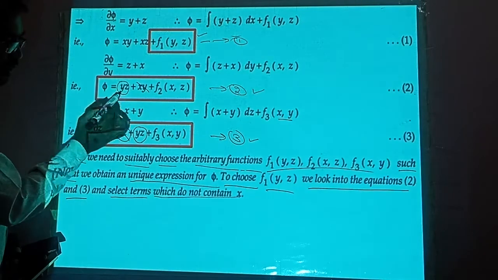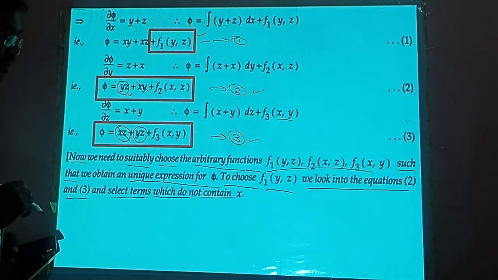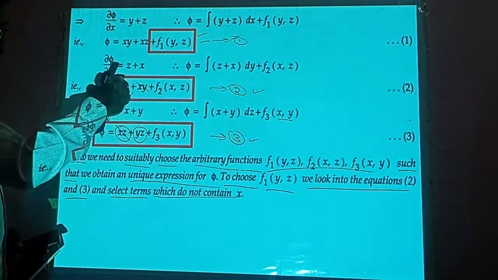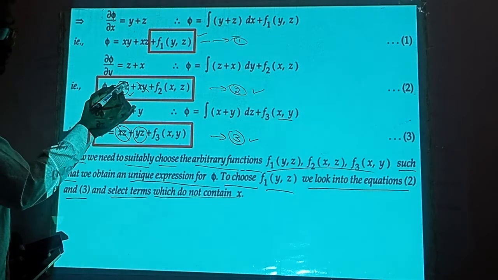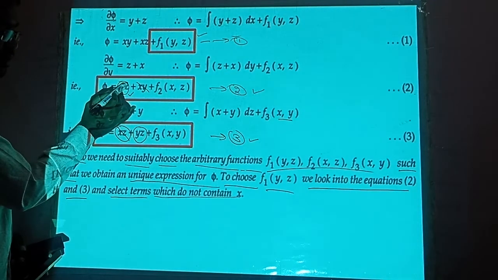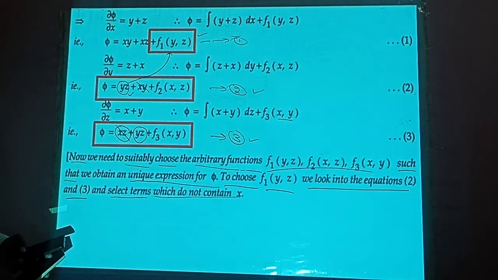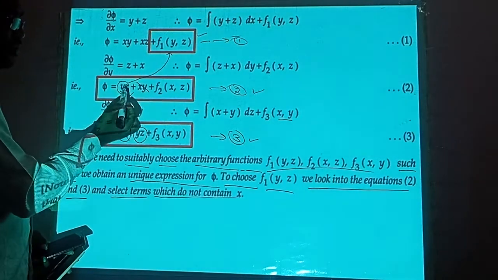We take the same terms only one time. So what terms did you get which do not contain x? Only one term, yz. So we choose f1 as yz.